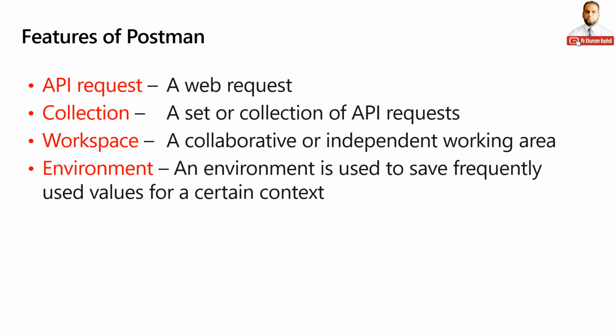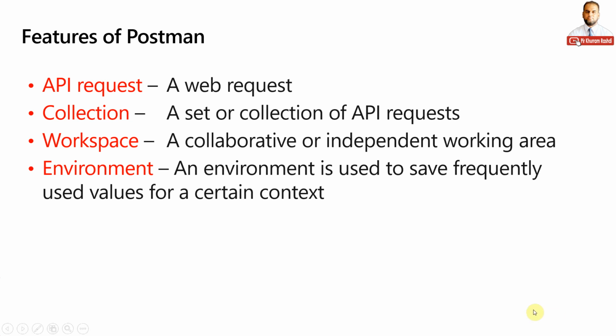What are the features of Postman? There are 4 major features which I have covered here. One is API request, which is simply a web request, as mentioned earlier, most popularly a web request now. Collection is a set or group of API requests.